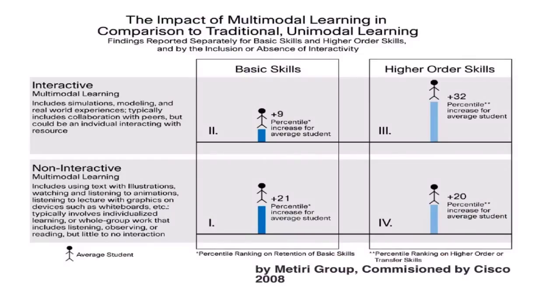Research shows that multimodal videos are effective at improving student performance for both basic and advanced skills, as well as in interactive and non-interactive environments, but they are most effective when used to present complex material in an interactive environment.